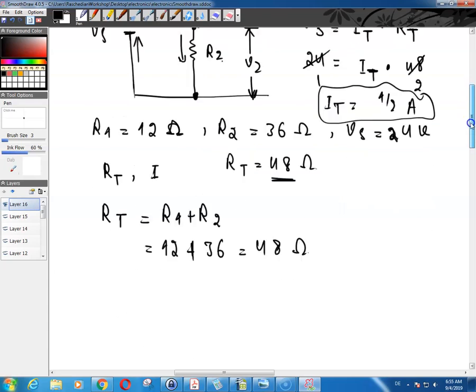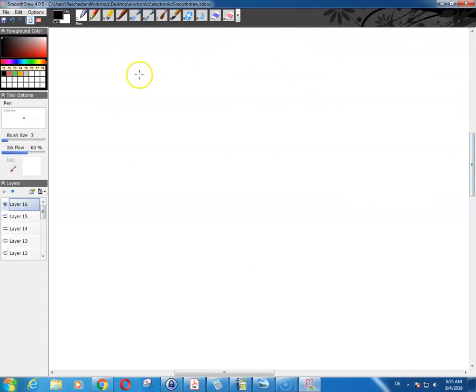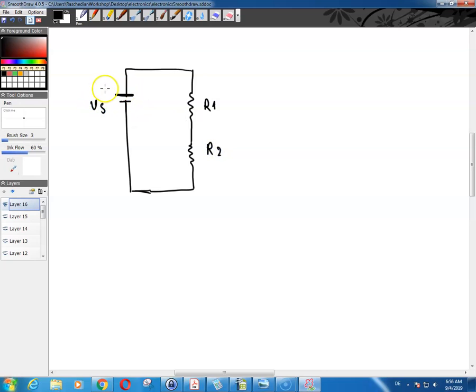So now let's say that you have the exact same circuit over here. In this circuit you have R1, you have R2, you have V of S here. This is positive, this is negative.